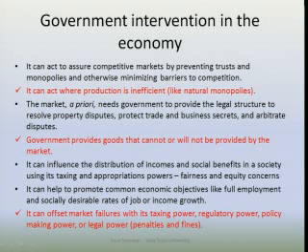Government can help to promote common economic objectives like full employment and socially desirable rates of job or income growth or economic growth. And so government tries to manage the economy on the margins by minimizing some of the social consequences of not being able to participate in the workforce, or to try to stimulate. Currently, we're in a period where the government is trying to stimulate jobs by investing or spending on lots of capital development.